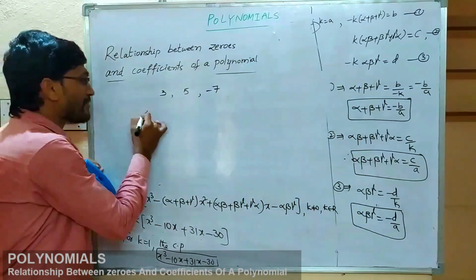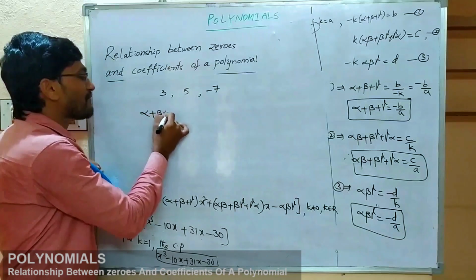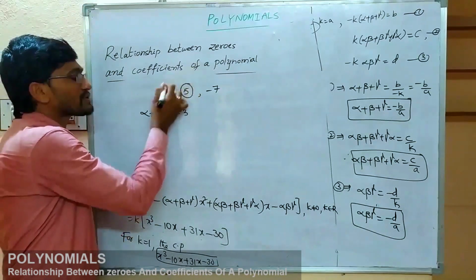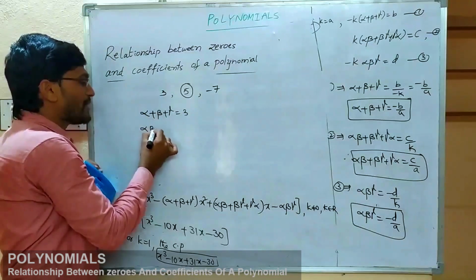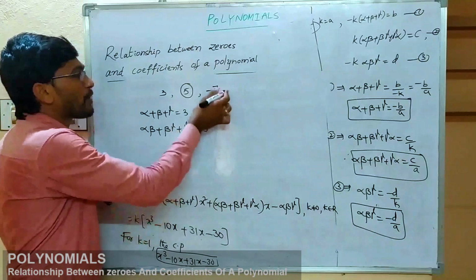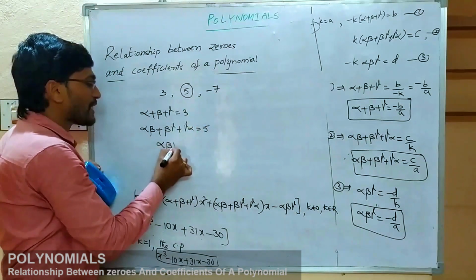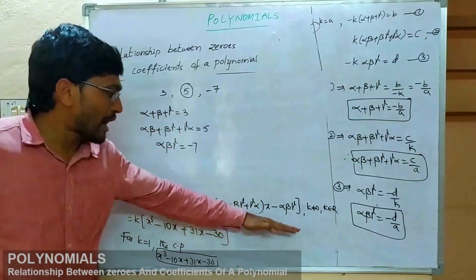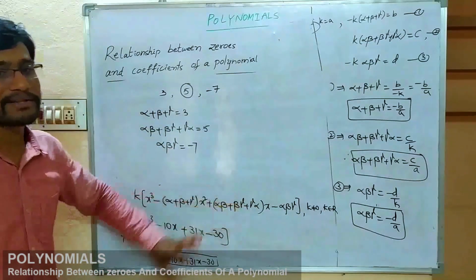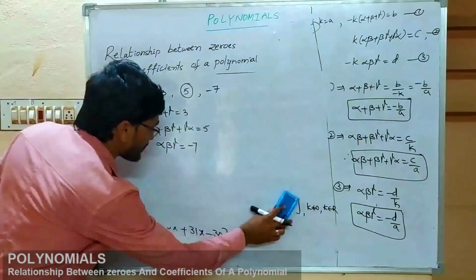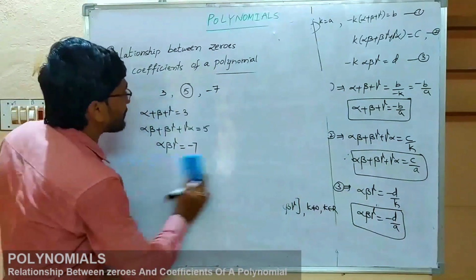Alpha plus beta plus gamma is 3. Alpha beta plus beta gamma plus gamma alpha is equal to 5. And alpha beta gamma is equal to minus 7. Now substitute these values in this cubic polynomial, then we get the required cubic polynomial. This is about the relationship between zeros and coefficients of a cubic polynomial.